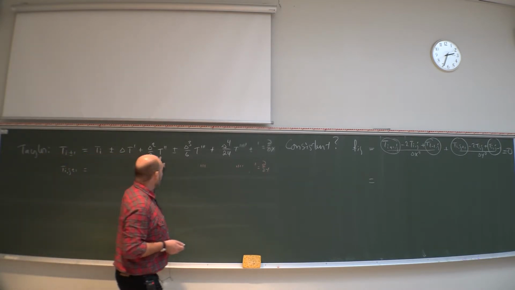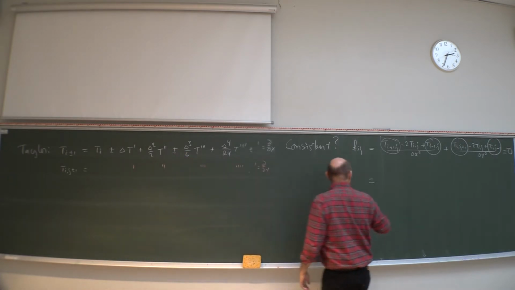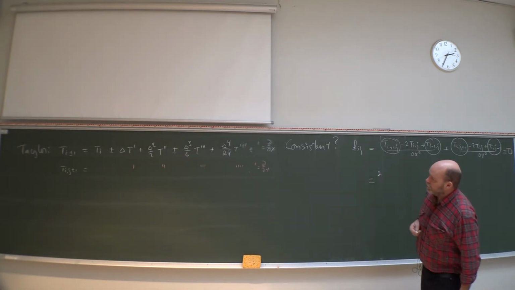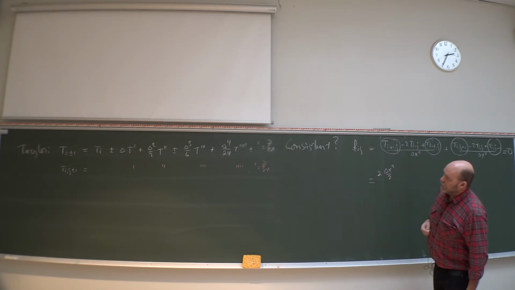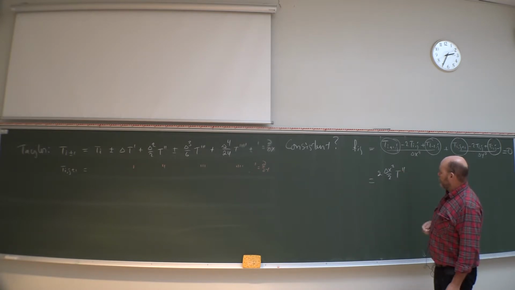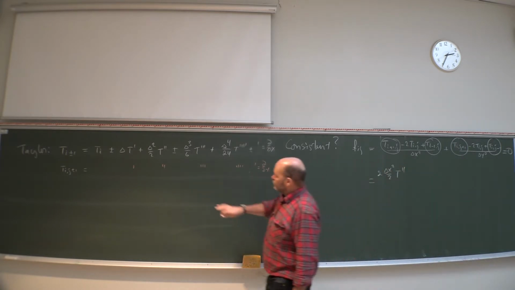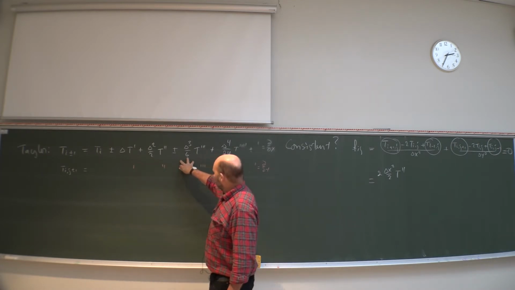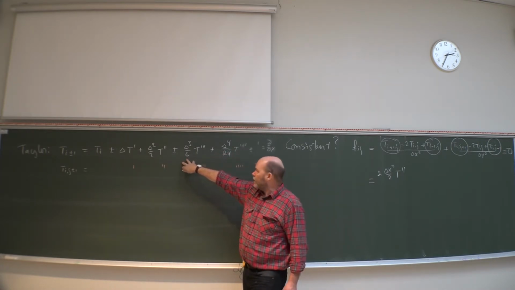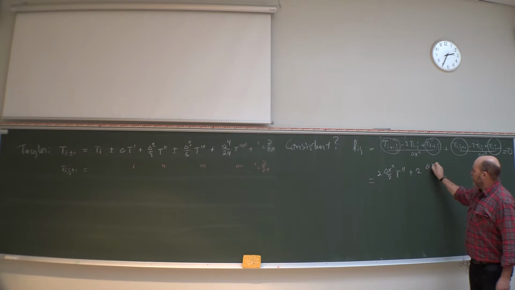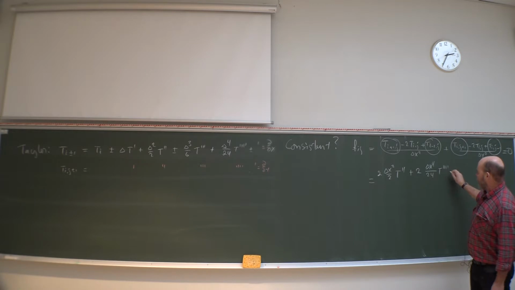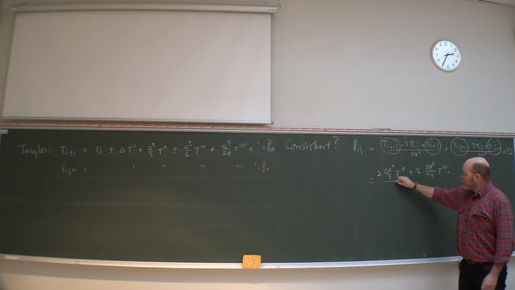I will have 2 times this term, so it will be 2 times delta x squared over 2 times the double derivative of T. It survives. This one disappears, one is plus, the other is negative. This one survives. So I have 2 times delta x to the power 4 over 24 times the fourth derivative, and then even higher order terms, divided by delta x squared.